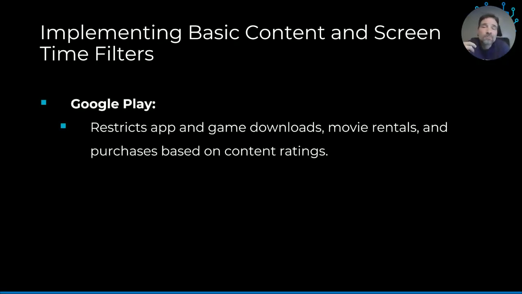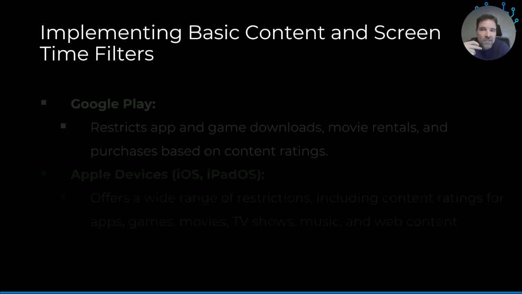Content and screen time filters, right? For Google, for Android, you have to restrict downloads for apps and games and movie rentals and all that on Google Play, right? It's not just on Family Link. You have to go to Google Play and configure this.